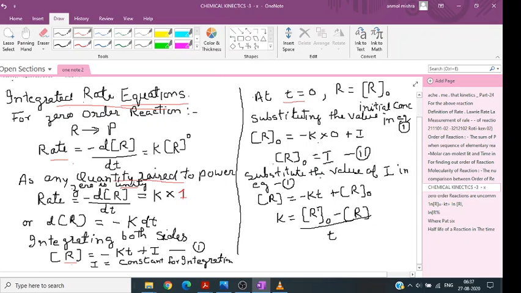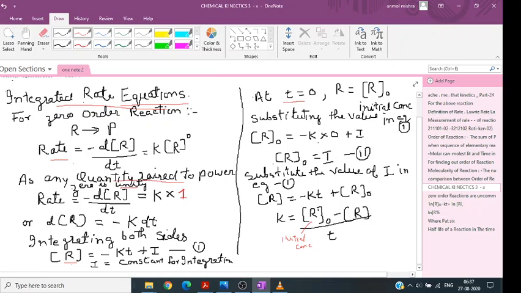Substituting the value of I in equation 1, we get R is equal to minus kt plus R0, or k will be equal to R0 minus R by t. So R0 is the initial concentration and R is the final concentration; divided by time, it will give us the rate constant.